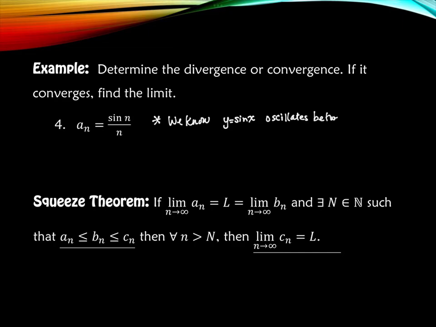Oscillates between -1 and 1. Okay? But n goes to infinity in the denominator. Thus, the limit equals 0.